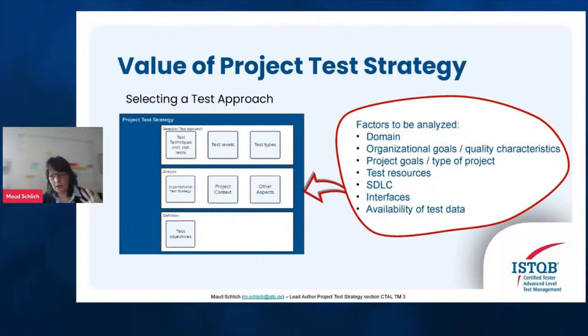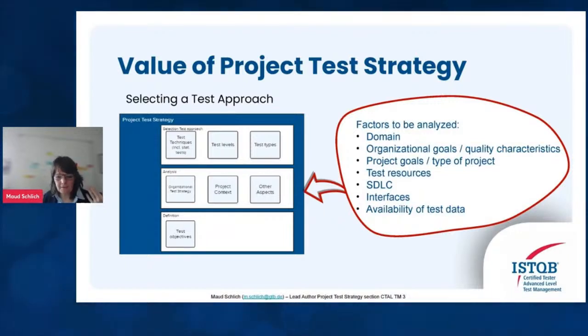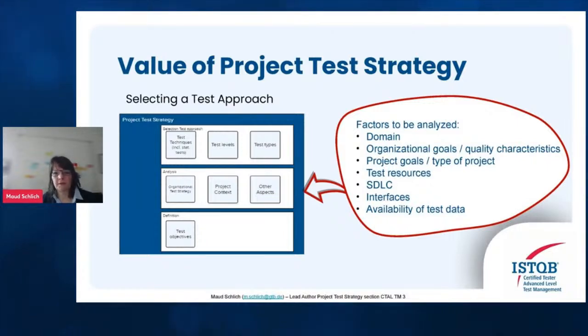So you should, with your project, try to be able to fulfill these goals. Or maybe you have some quality characteristics, like anything which is going out of our company to the customer has to have at least some kind of measurable quality characteristics. And if they're not reached, then it's bad for your company, it's bad for the reputation of your company.